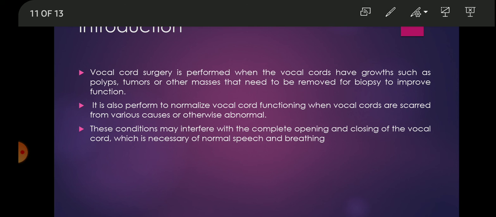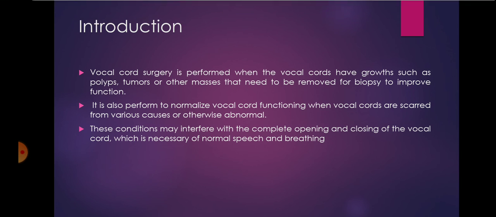It is also performed to normalize vocal cord function when the vocal cords are scarred from various causes or otherwise abnormal. These conditions interfere with the complete opening or closing of the vocal cords, which is necessary for normal speech and breathing.